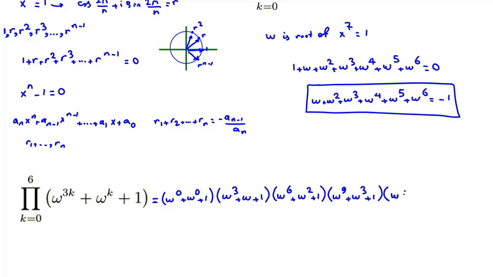If k is 4, w12 plus w4 plus 1. If k is 5, w15 plus w5 plus 1. For k equal to 6, w18 plus w6 plus 1. And w to the 0 is 1, so the first term is 1 plus 1 plus 1, which is 3.